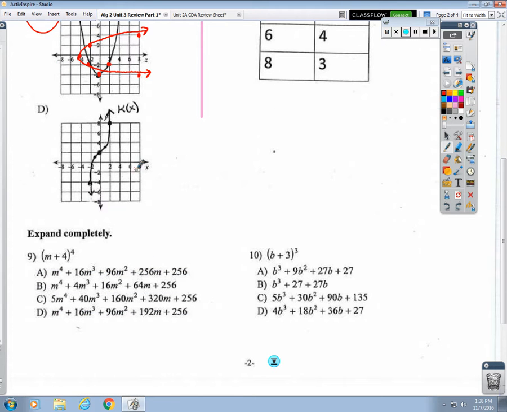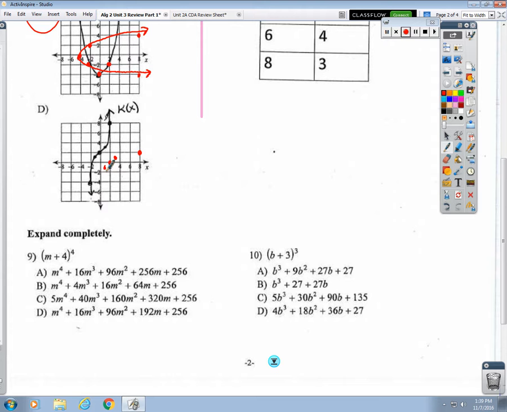Okay, D. When I move this point, which is at 2, 8, to its inverse point, which would be 8, 2, it'll be right there. This one looks like it's at 1, 3, so that'd be 3, 1. This one's at 0, 2, so it'd be 2, 0. This one's at negative 1, negative 1, positive 1. So positive 1, negative 1.